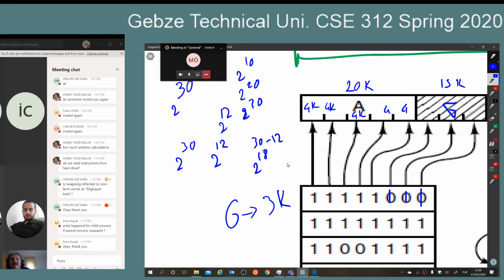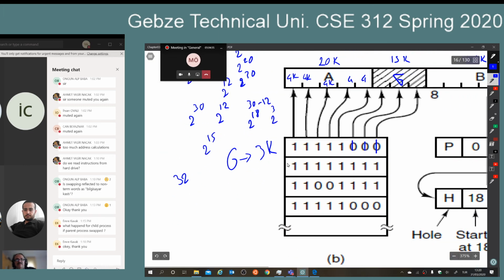If I divide it by 2 to the 3, 1 byte, I get 2 to the 15, which is 32 kilobytes of data I need to keep for this table.